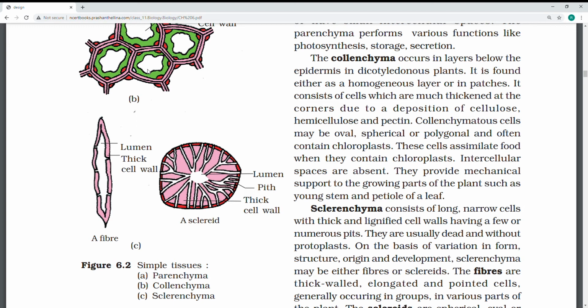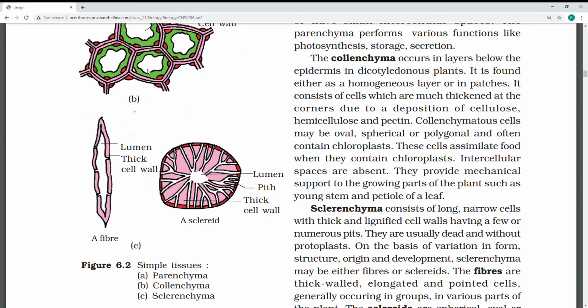It contains cellulose as the cell wall, or pectin, and a large vacuole is present. You see the large vacuole. This is actually a living mechanical tissue. The collenchyma is a living mechanical tissue. Parenchyma is also living tissue. Sclerenchyma, the third one, is the dead tissue. Why it is a dead mechanical tissue, we will understand further.